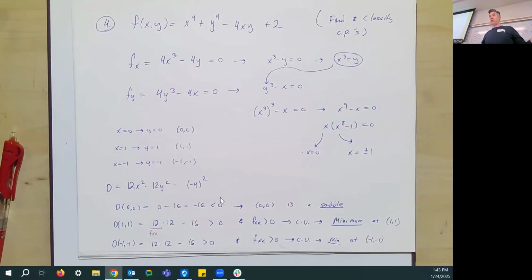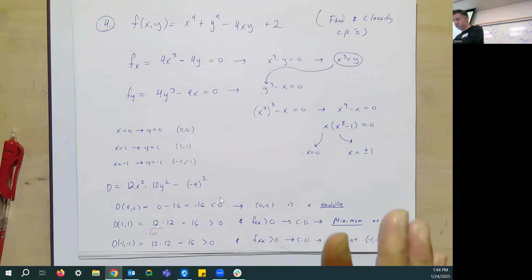So not necessarily, no. But whatever our critical points end up being, those are the things we're going to test in this capital D. By the way, this capital D is called that because it's actually the determinant of a 2x2 matrix of second partial derivatives, which you will definitely be learning about before the end of the quarter. So it's not that far off, and it's not that terrible to do.